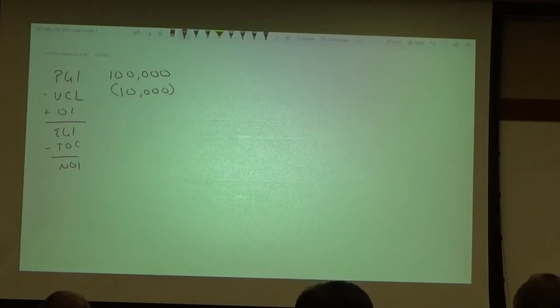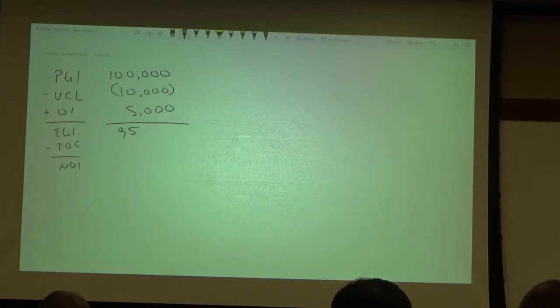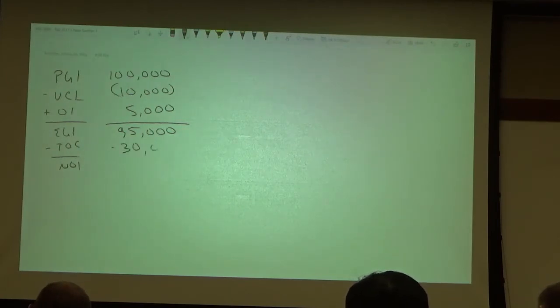Let's say we've got a property with potential gross income of $100,000 a year, vacancy and collection losses of $10,000, other income of $5,000, so basically $95,000 of EGI, and then, to keep it simple, $30,000 of total operating expenses. So basically $65,000, okay?